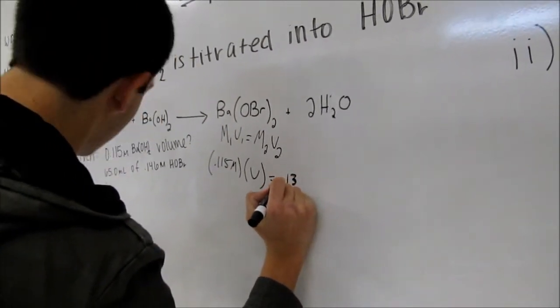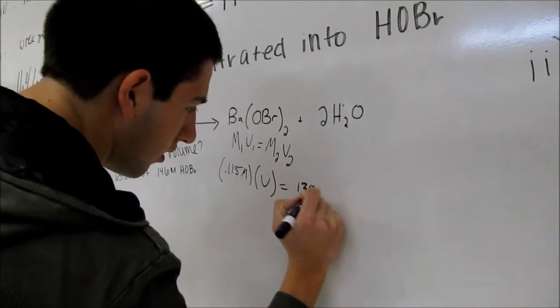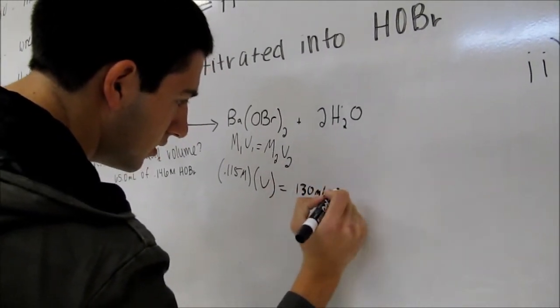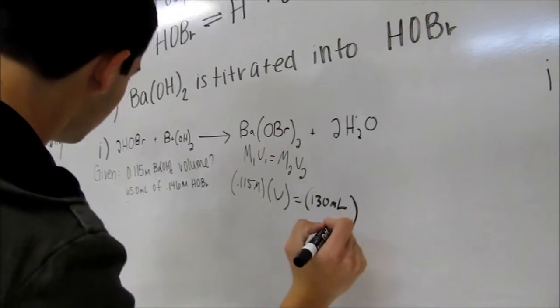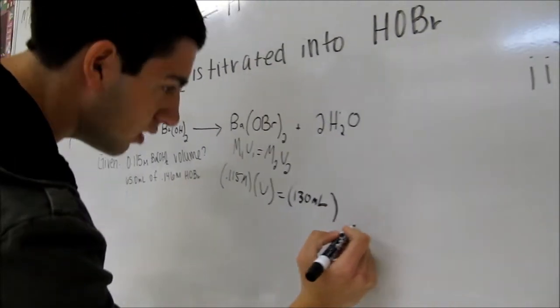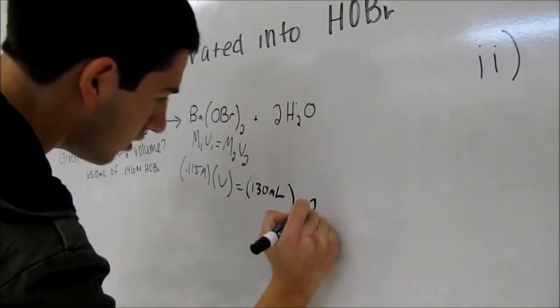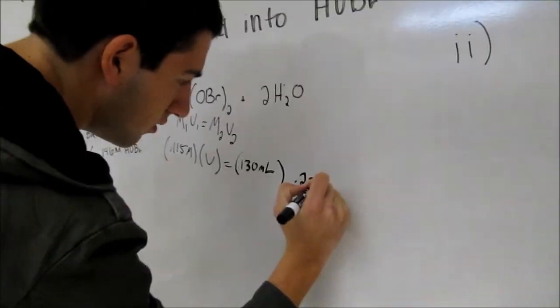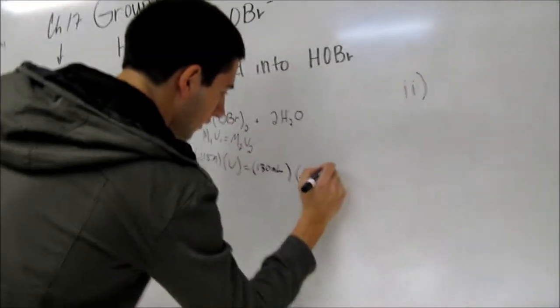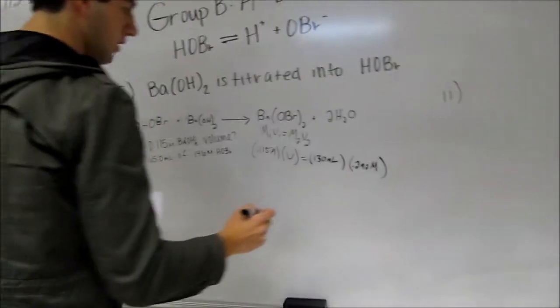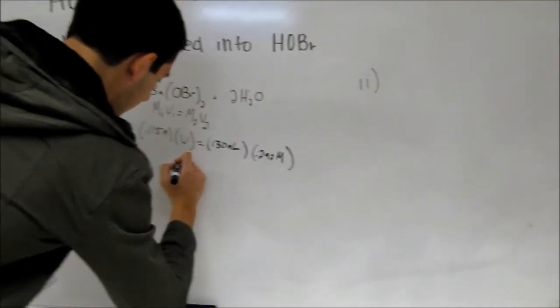So for this problem, we have to write the milliliters. And we are given 0.292 equal to H plus. Now we divide.